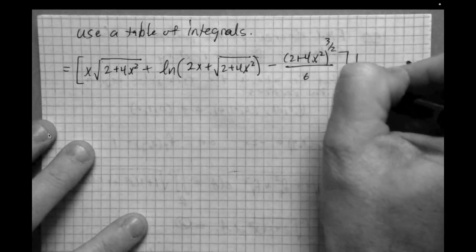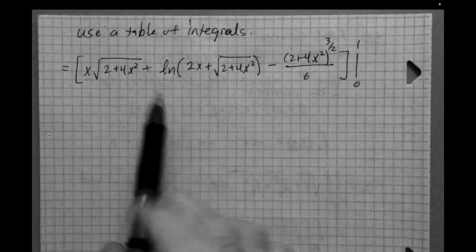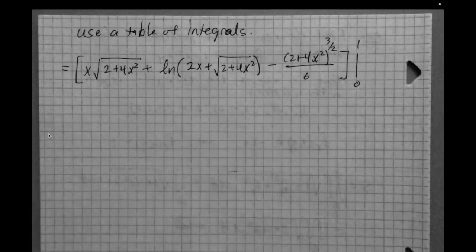And this needs to be evaluated from 0 up to 1. Right, so about half of the integral can be identified quickly using a u substitution. The other half is the tricky part. But there is a nice table form that this fits.